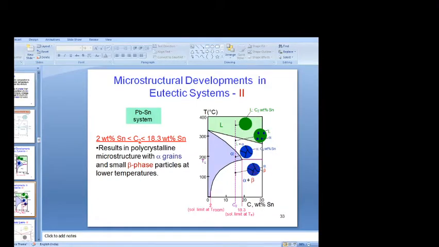This configuration shows the two-phase microstructure resulting from the solidification of a liquid having the eutectic composition, where the phases exist as lamina that alternate with one another, and that is how this progression is taking place. That's why we are studying the phase diagram.